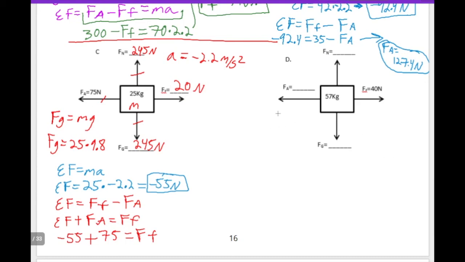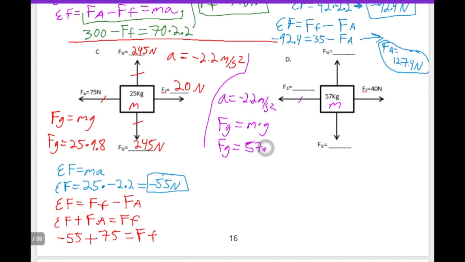Last one, we have our object with the bigger force pointed to the left. Therefore, that means that my acceleration is going to be negative 2.2 meters per second squared. Now that I know my acceleration, I can start tackling this problem. The weight is mass times gravity, and we know that the mass is 57, so we're going to take that and plug that in for mass. 57 times, and we know that gravity is 9.8.